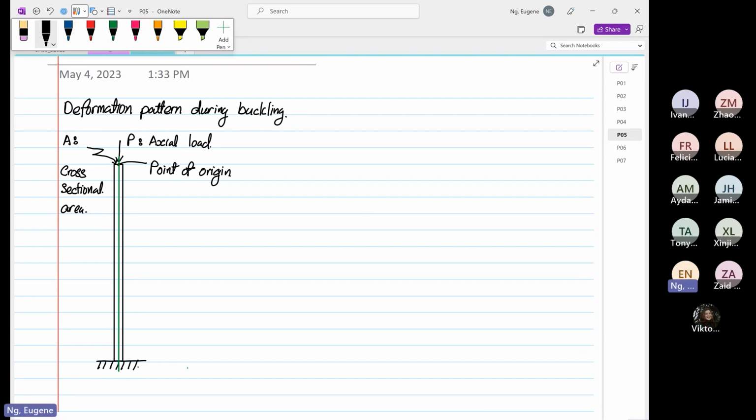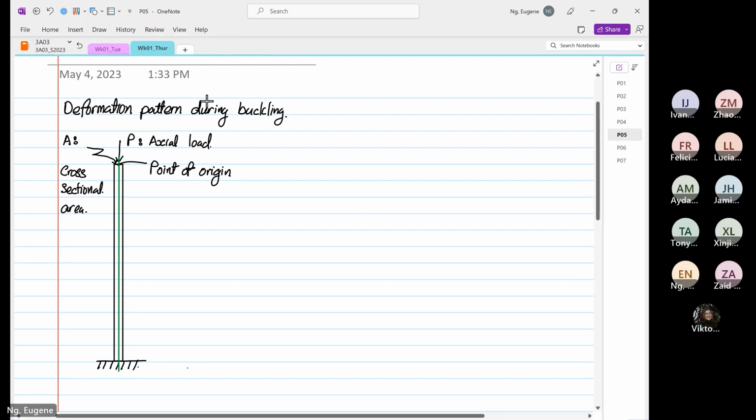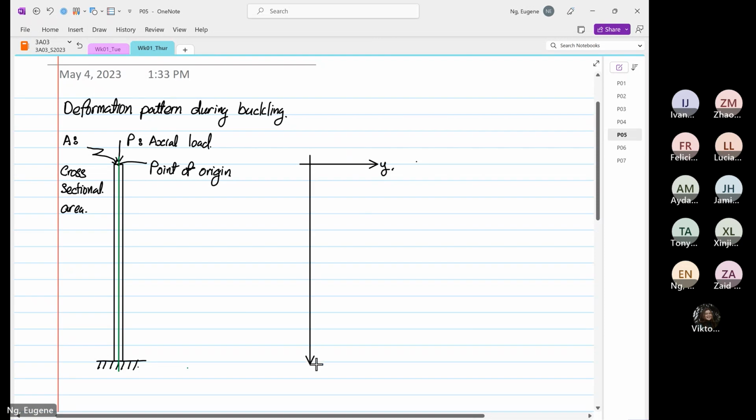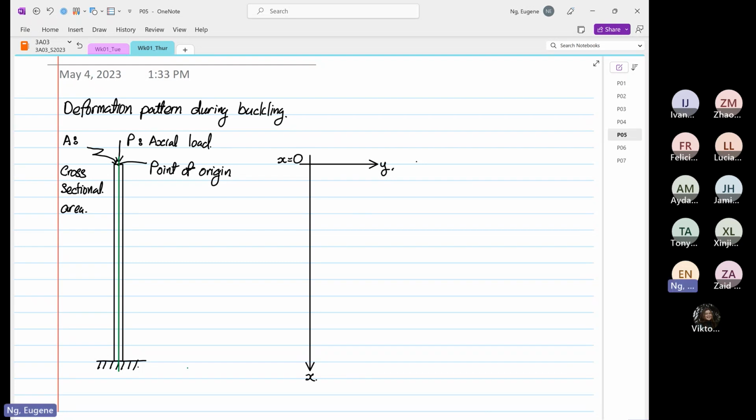This axis over here is our y. And then we have a vertical. This axis over here is our x-axis. So this is where x is equal to 0.